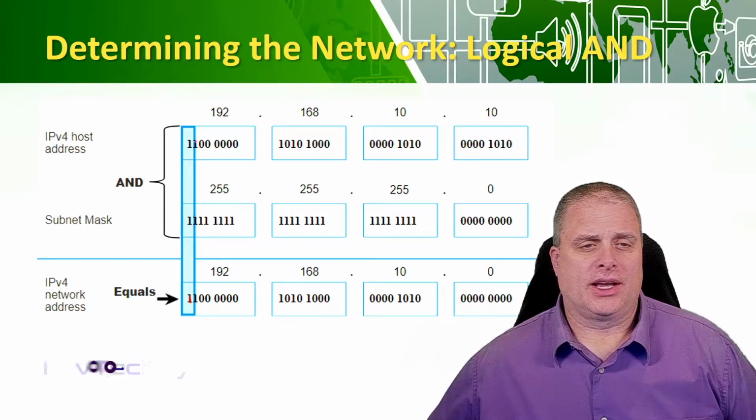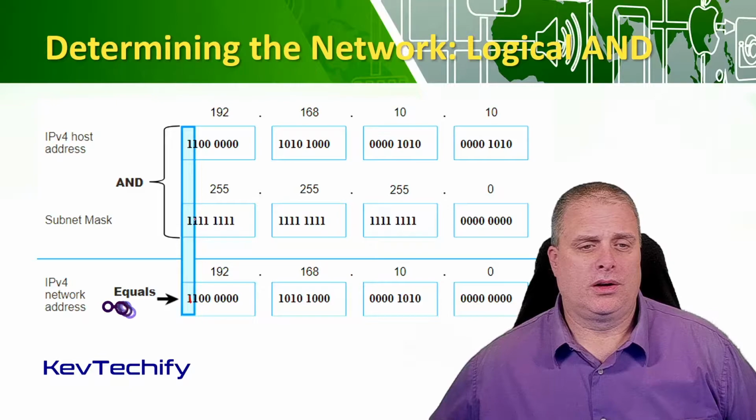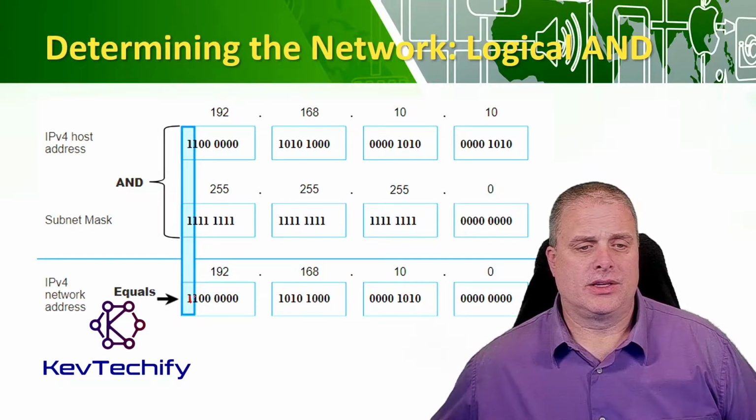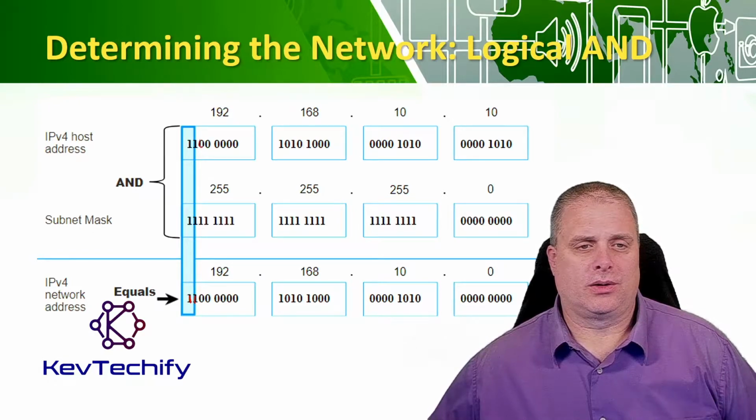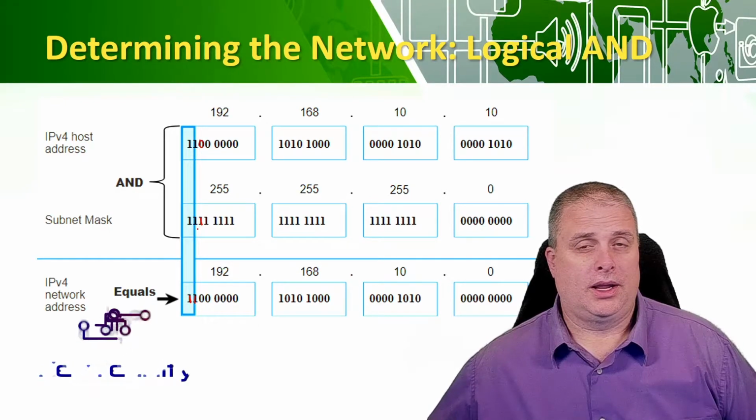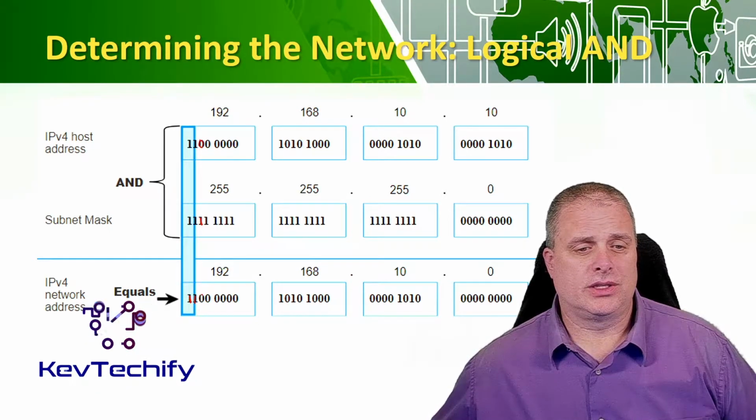Then we look at the second column. Second column, we have a 1 and a 1 here. That gives us another 1. Third column, we have a 0 and we have a 1. Anytime there's a 0, the answer is a 0.